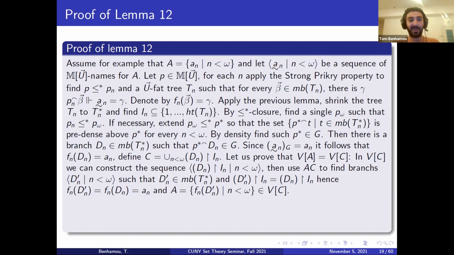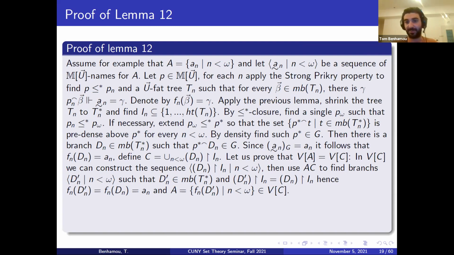But as long as D prime n and Dn agree on the important coordinates, we are ensured that Fn of D prime n and Fn of Dn give us the same value, which is An.